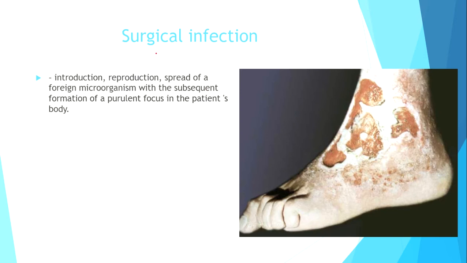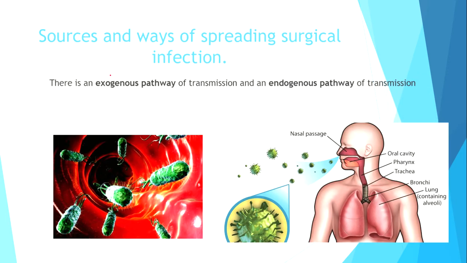Surgical infection is the introduction, reproduction, and spread of foreign microorganisms with the subsequent formation of a purulent focus in the patient's body. As we see in this picture, we have a trophic ulcer. Sources and ways of spreading surgical infection: there is an exogenous pathway of transmission and an endogenous pathway.